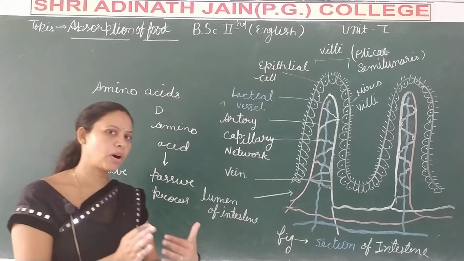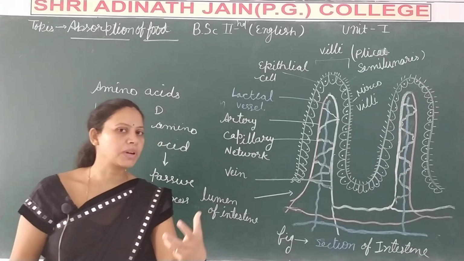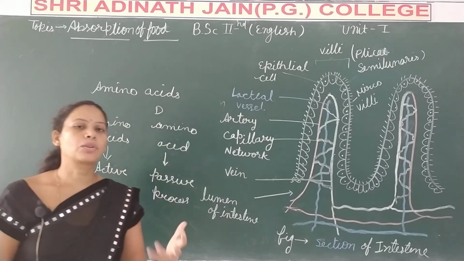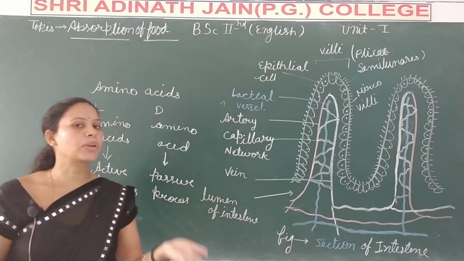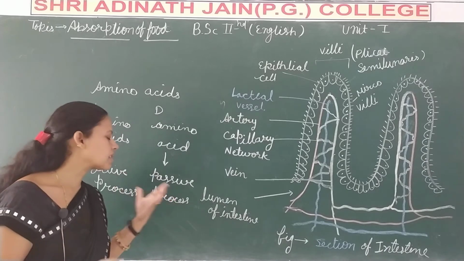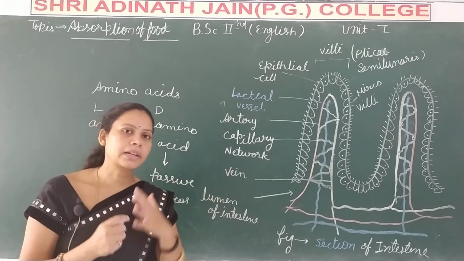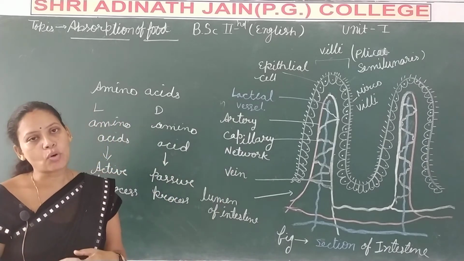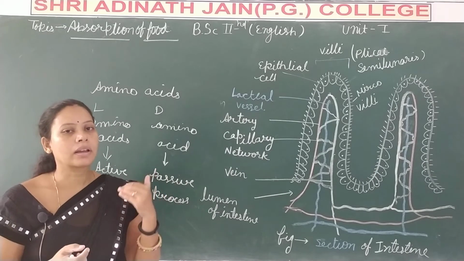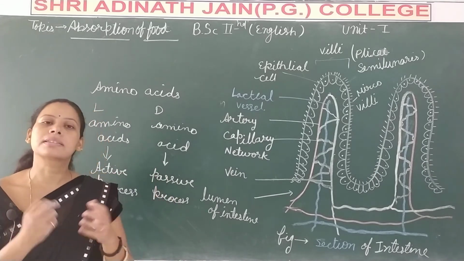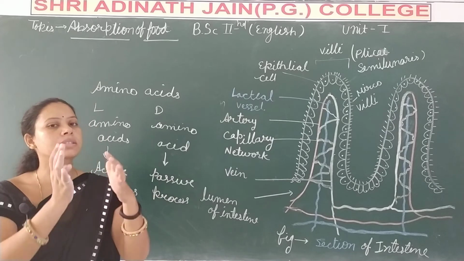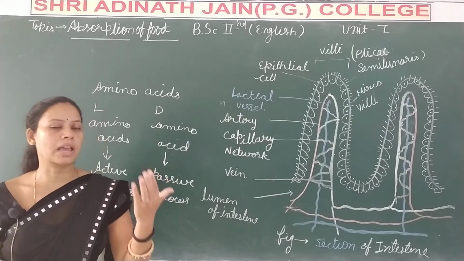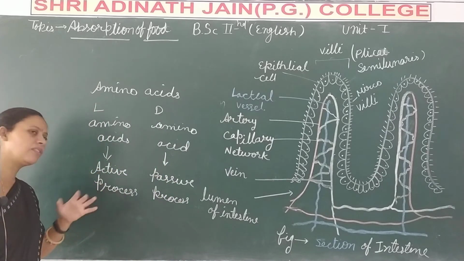Okay, now carbohydrate, some carbohydrate materials like fructose and mannose can be absorbed by the passive process, and galactose and glucose require energy to enter the cell membrane. So these can be absorbed by the active process.